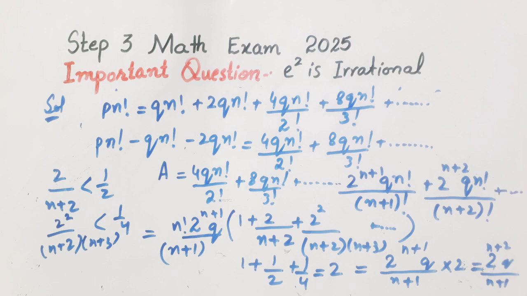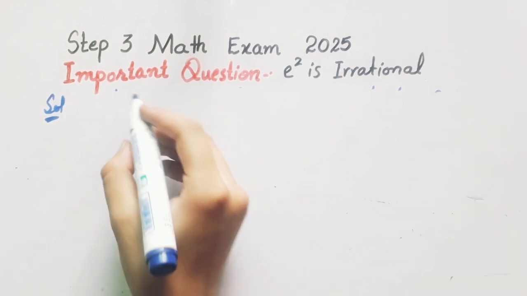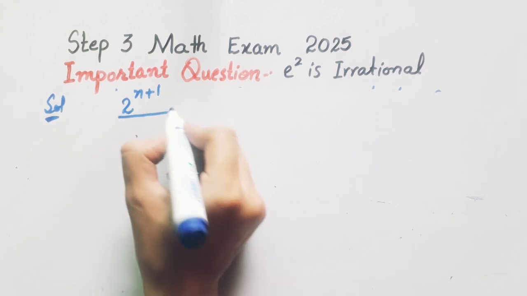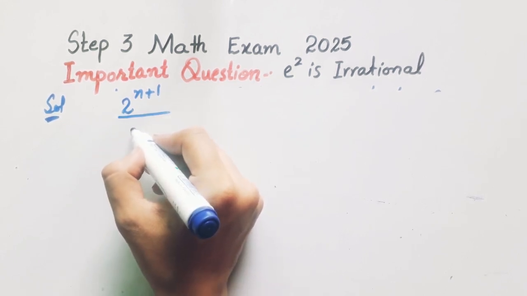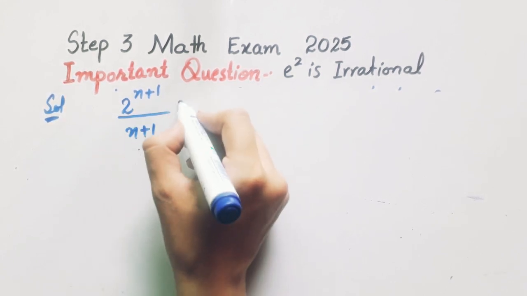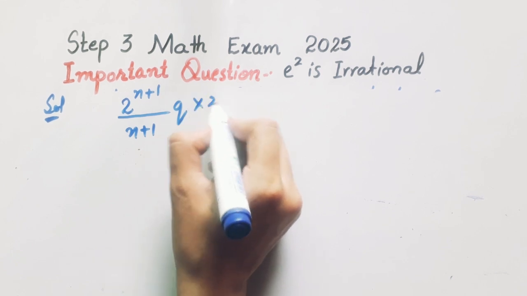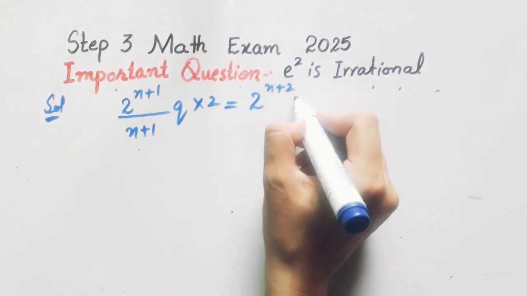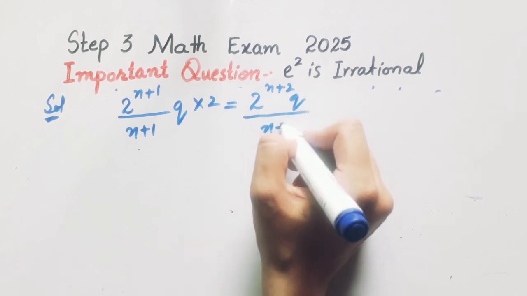So n is a large value, so this implies that this is less than 1.